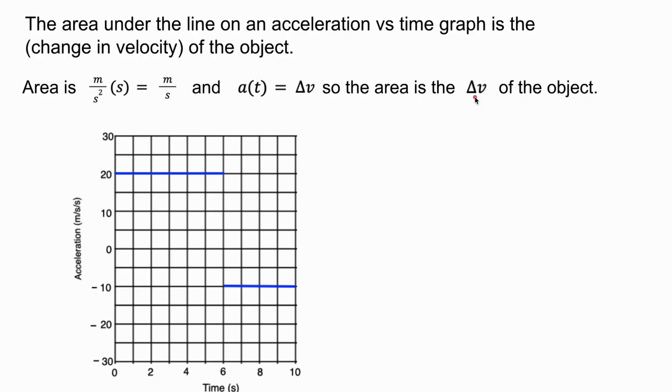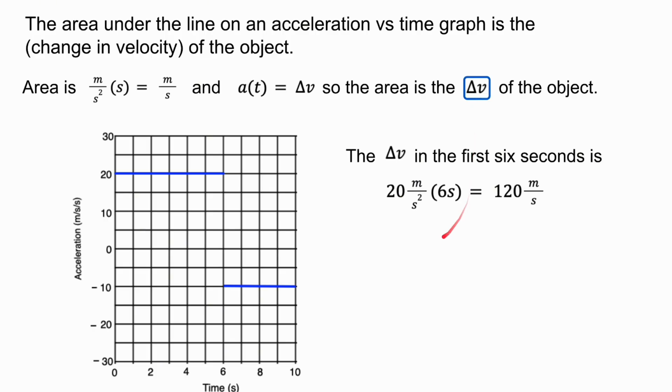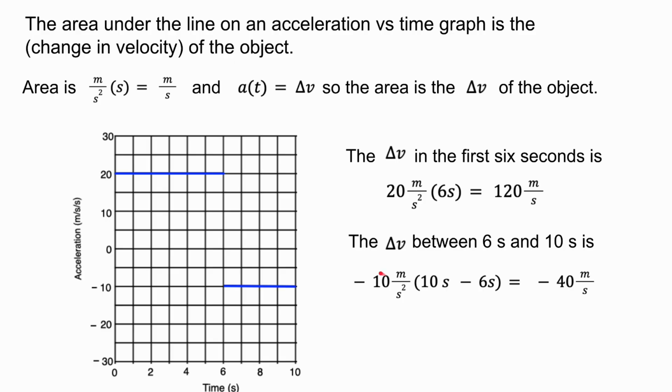Be careful with that. Okay, so let's just say if I calculate it here, what I'm going to get is 20 times 6, that's 120 meters per second of change in velocity in the positive direction. So whatever it was before is going to change by 120 in the positive direction. For this area here, I'm going to have, let's see, negative 10 times 4.